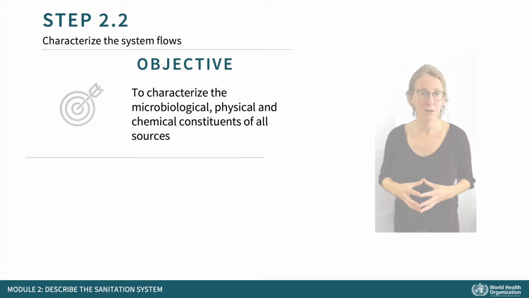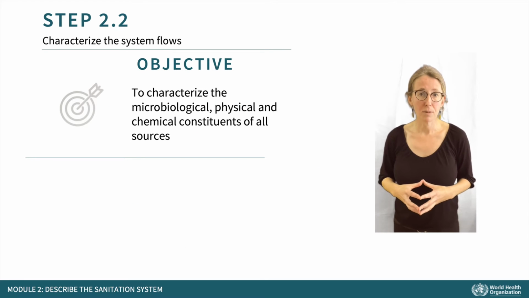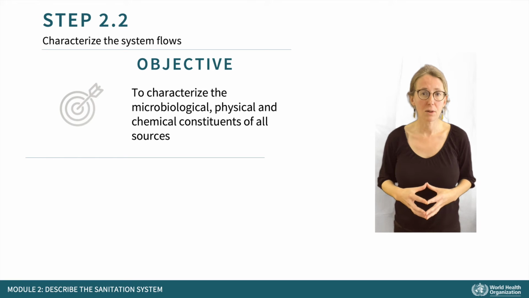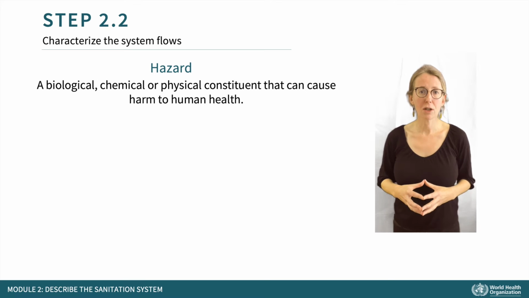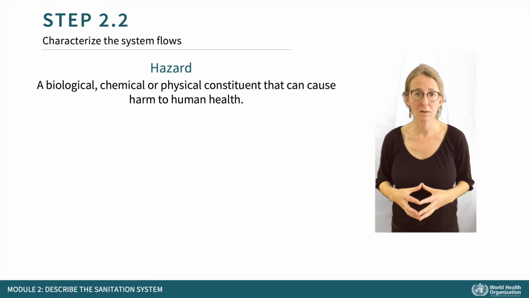In step 2.2, we characterize the microbiological, physical, and chemical constituents of the system flows. A hazard is a biological, chemical, or physical constituent that can cause harm to human health.